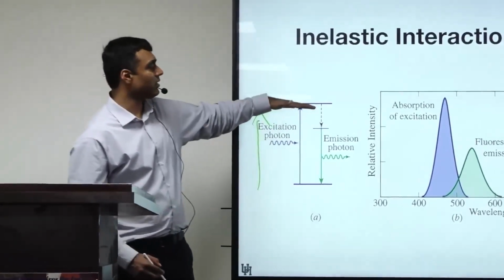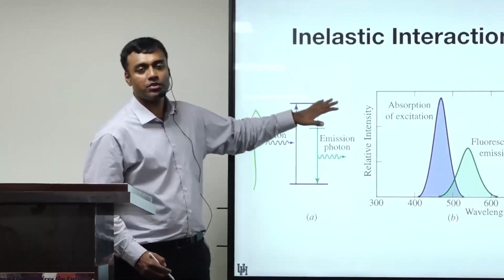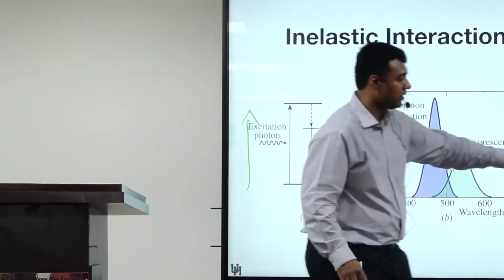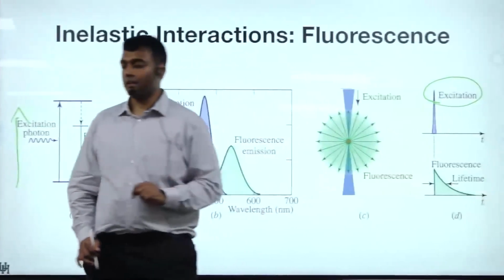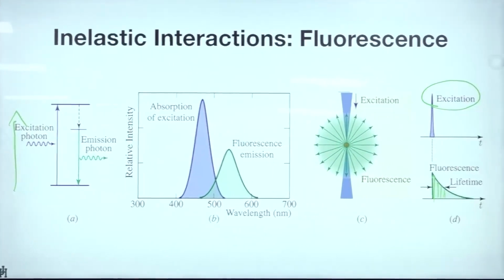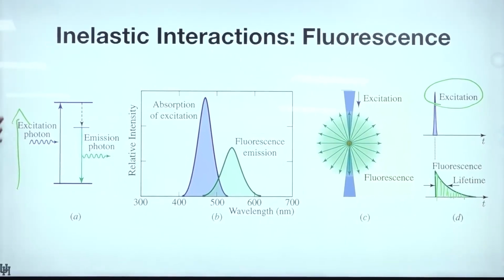It can take a long time. There is a temporal distribution of how long it stays. This is called the fluorescence lifetime. It could come back immediately, or after a few nanoseconds, so it could come back after a different amount of time.